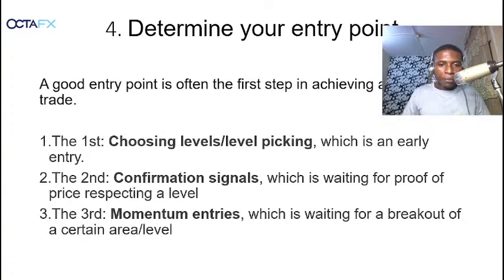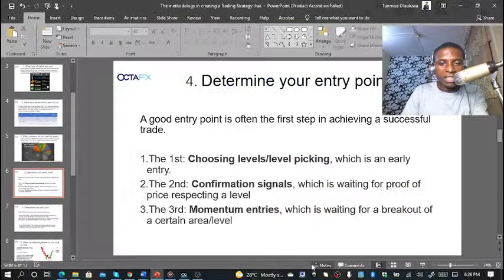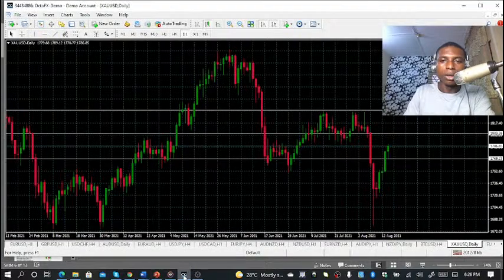So first, you choose a level. Second, you want to get a confirmation signal. Third, you want to look at the momentum entry, which is waiting for a breakout of a certain level, right? Okay, let's jump on our chart so I can explain that very well.